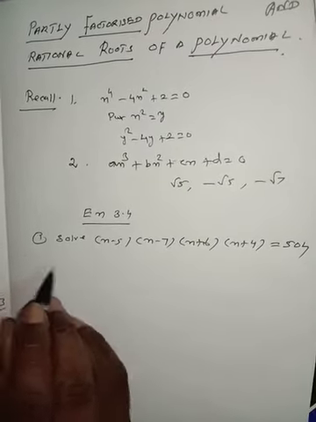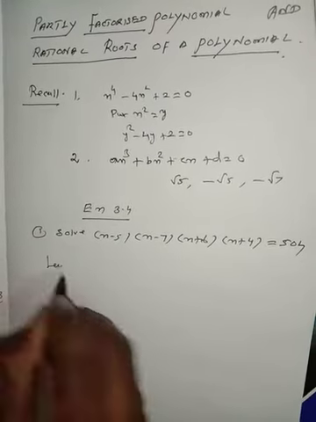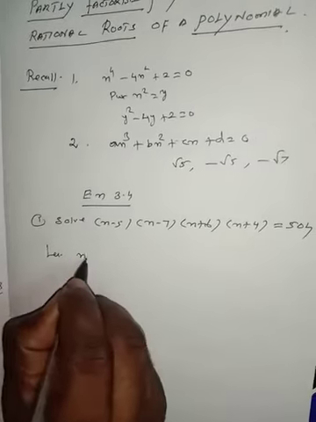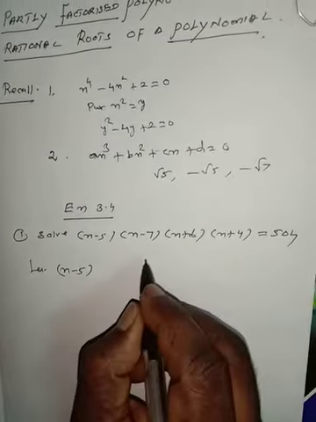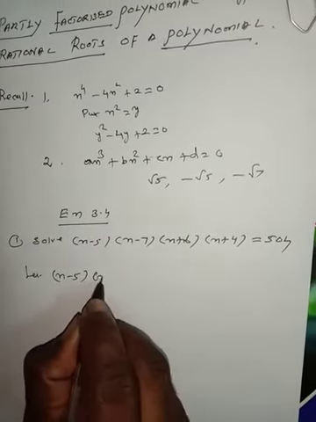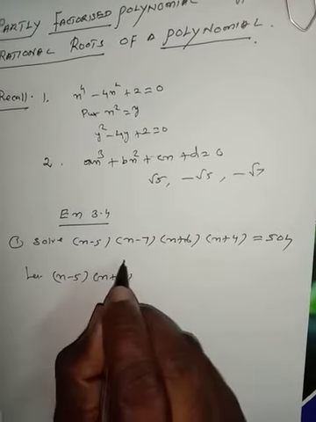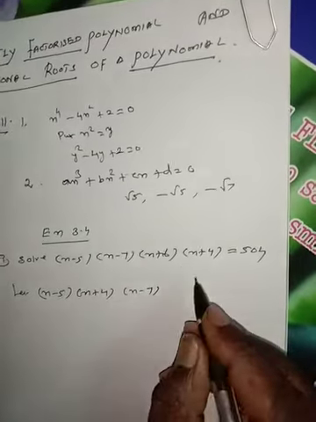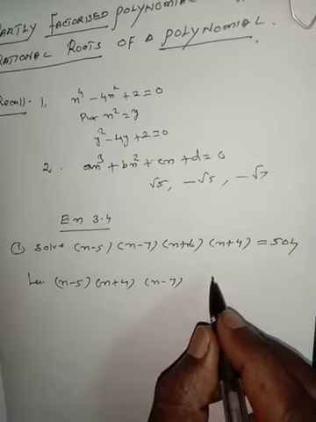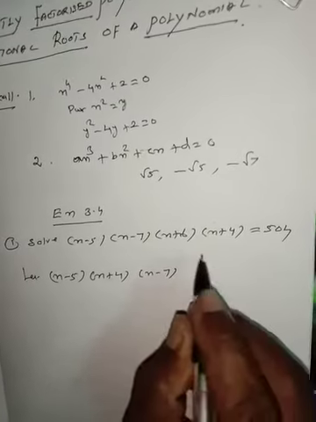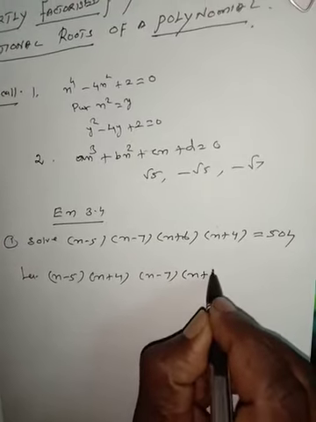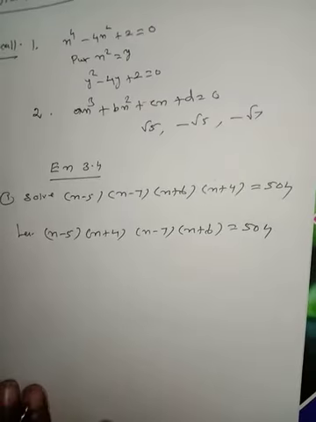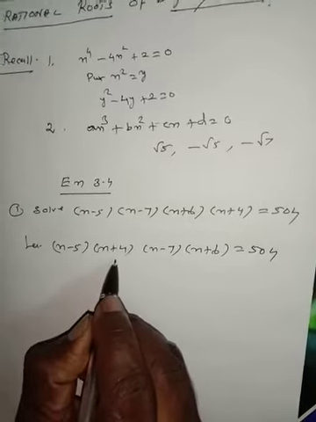Factors. Solution. Let x minus 5 into the last, x plus 4. Next x minus 7 into x plus 6 is equal to 504. Now take the first two factors.